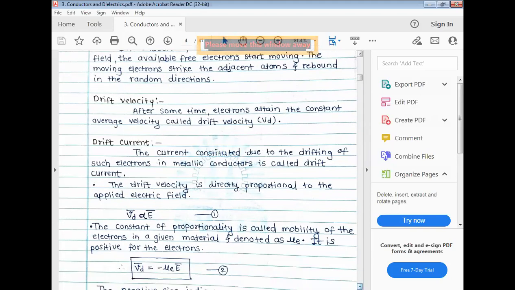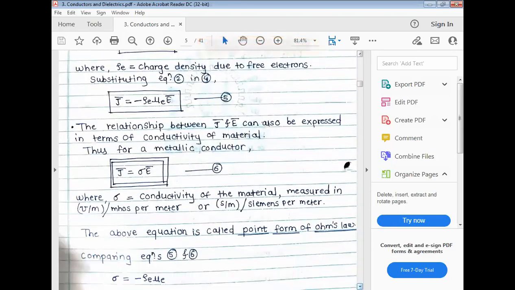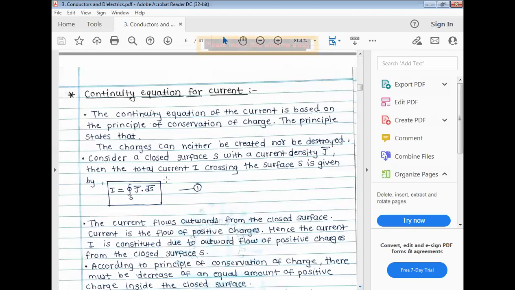Then the continuity equation of current is also important. Continuity equation and uniqueness theorem, out of these two, either one can be asked.